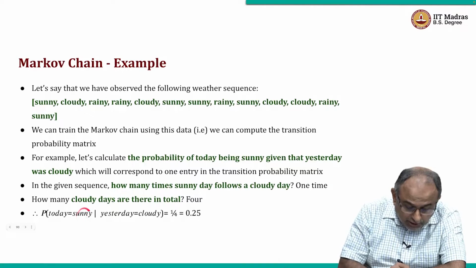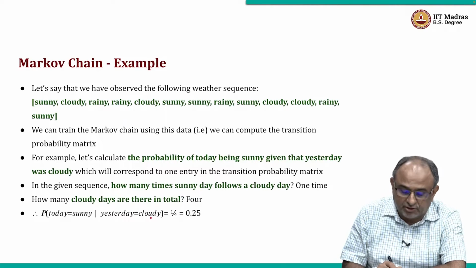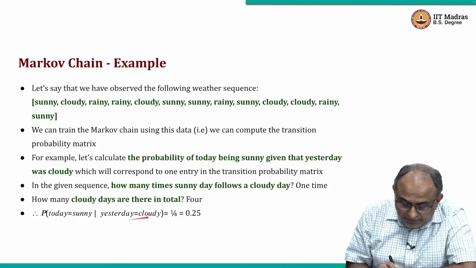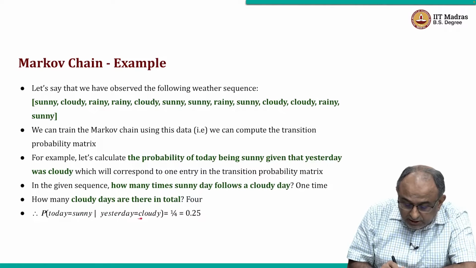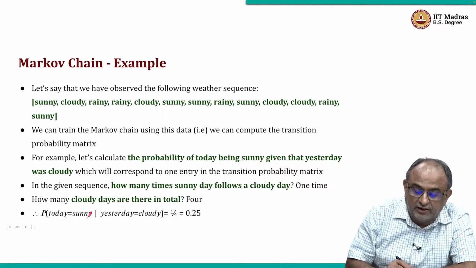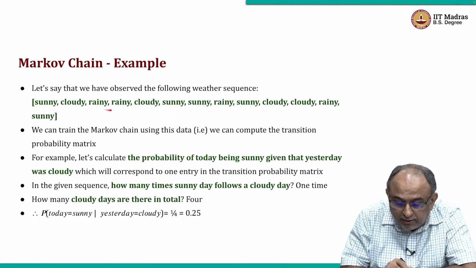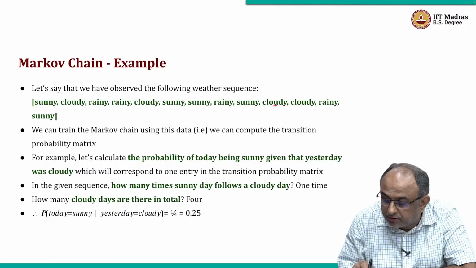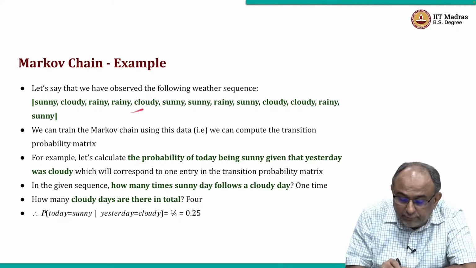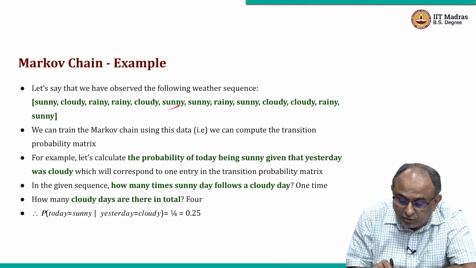So what is the probability of today being sunny given that yesterday was cloudy? How do I do that? I found out how many times cloudy was followed by sunny, because given yesterday was cloudy, the next day was sunny, right? So given cloudy, here there's one case sunny. So only one case of sunny is following cloudy.